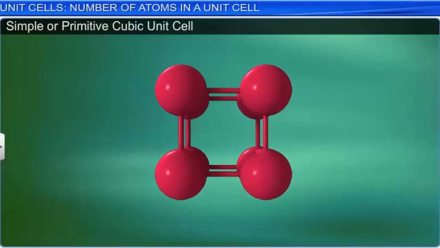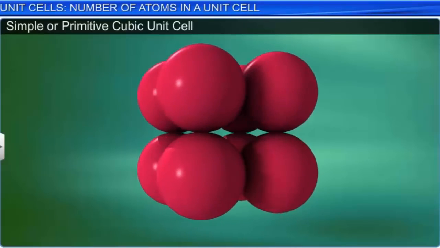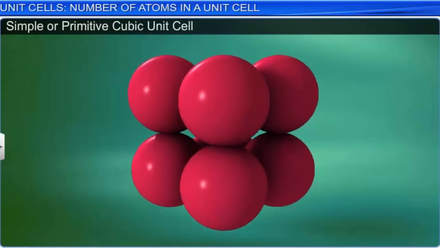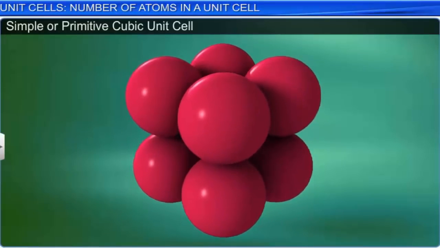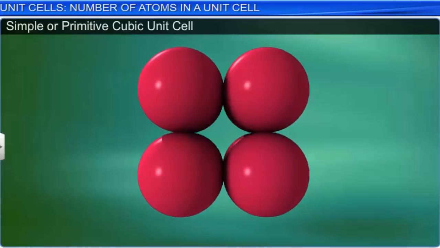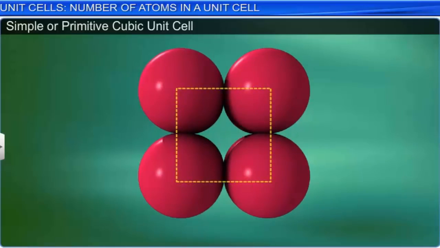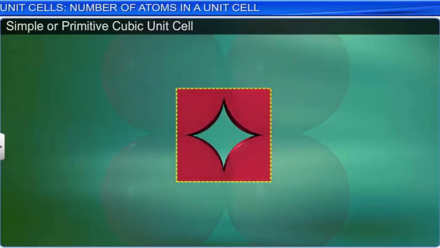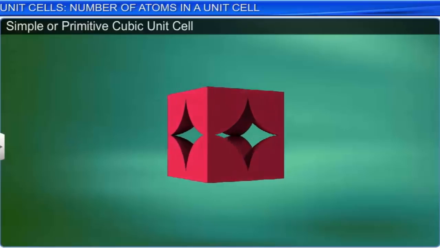In reality, the atoms are packed much more closely together, as shown in the space-filling model here. The space-filling model shows that the atoms touch along the edges of the cell. By considering the portion of atoms inside the cell boundary, we can generate a unit cell of a simple cubic lattice.